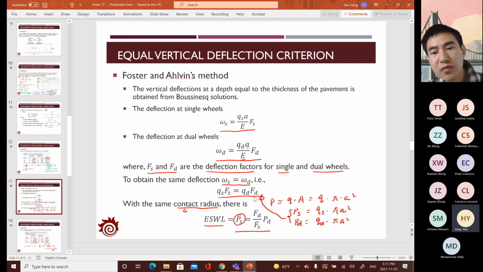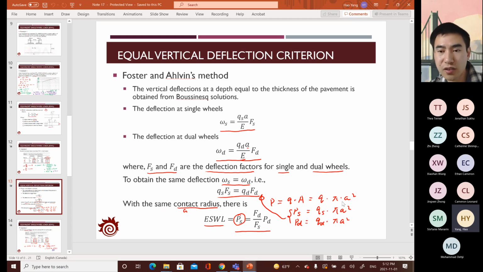If you want to find a further relationship, you can convert QS and QD to their loads, PS and PD. QS is the contact pressure, and the contact pressure usually equals the load divided by the contact area, or we say the load equals the contact pressure times the area. Usually the contact area is a circle.